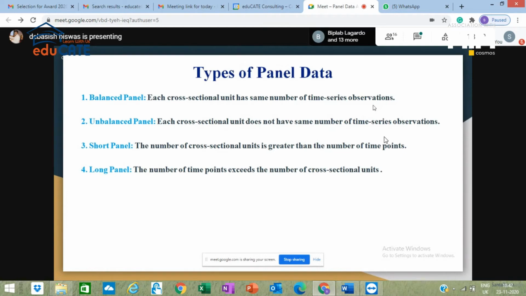And if you are considering different time periods for different states, then it is called unbalanced panel. So the first example I have cited implies our data set is an example of balanced panel.